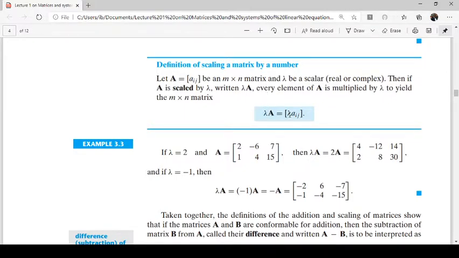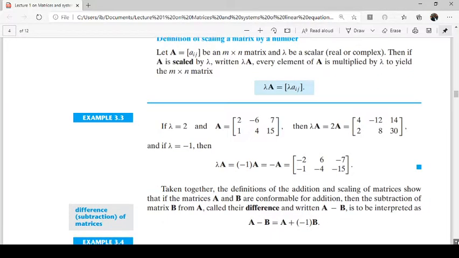It becomes lambda Aij. This is an example here. You have lambda to be 2, and this is matrix A. Then lambda A simply means 2A.